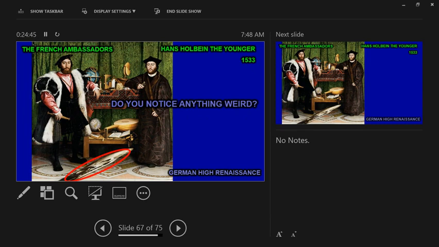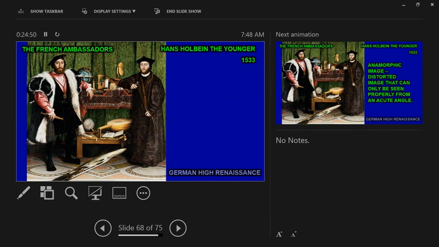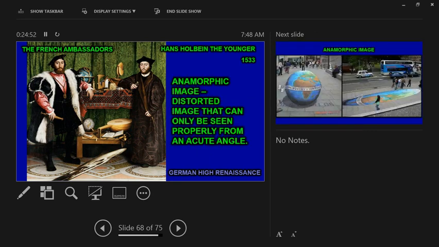All right. Yeah, I know, right. Because it kind of gets by you. But there's this. That's called an anamorphic image.